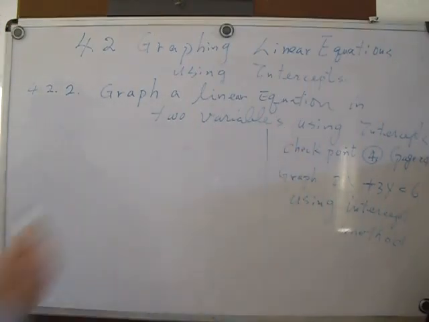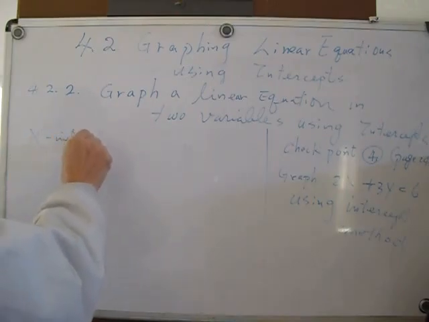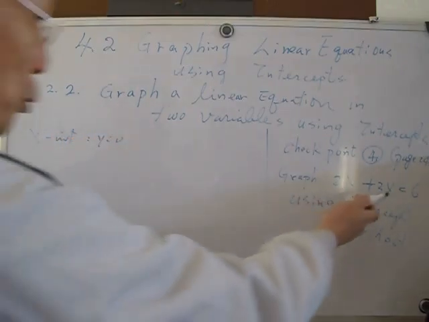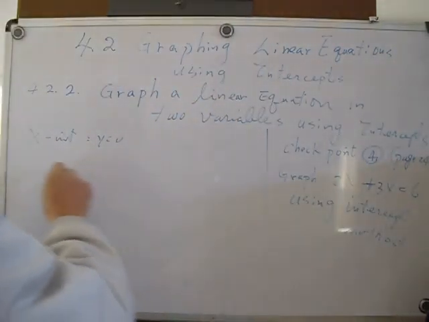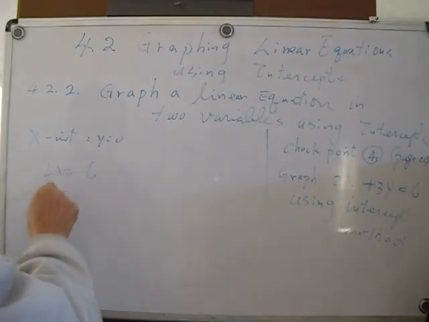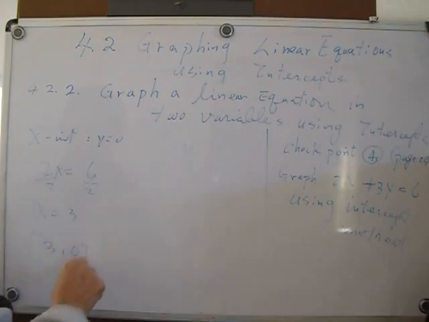So first of all, you're going to find your x-intercept and y-intercept algebraically. For the x-intercept, y equals 0. 2x equals 6, divided by 2, so x will be 3. So your x-intercept will be 3, 0.